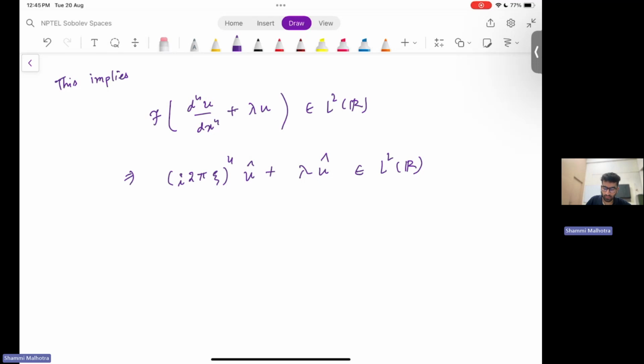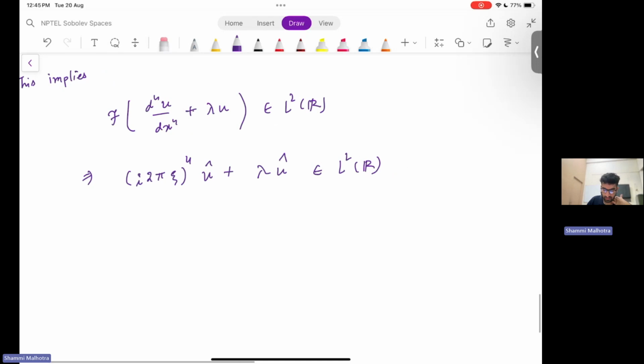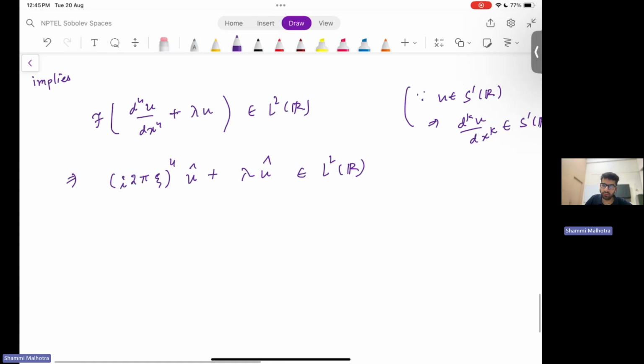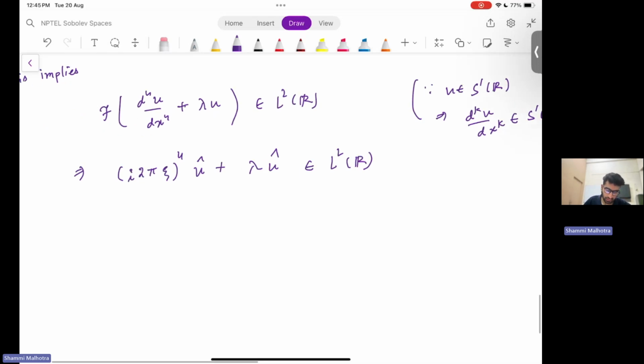And moreover, we can distribute, because one thing we have to note here is that I can take the Fourier transformation separately: since u is a tempered distribution, this implies that d^ku/dx^k is also a tempered distribution. So I can separate the Fourier transformation and write this particular equality. Okay, so far so good.